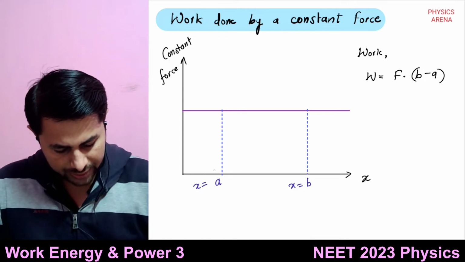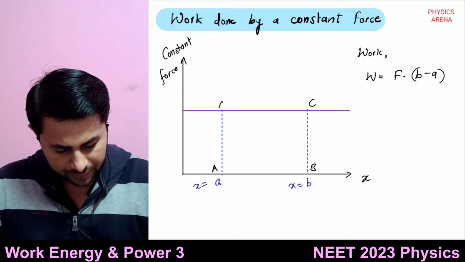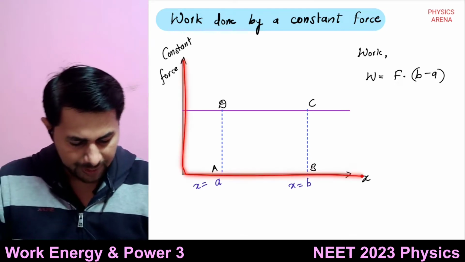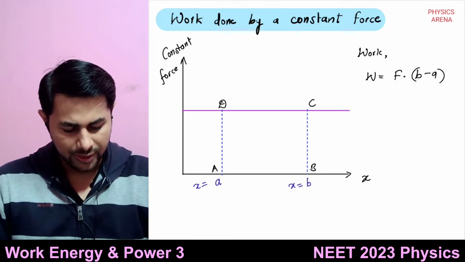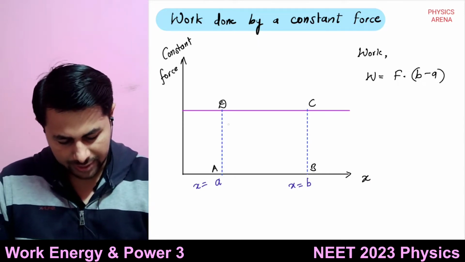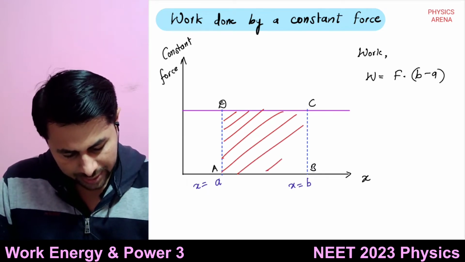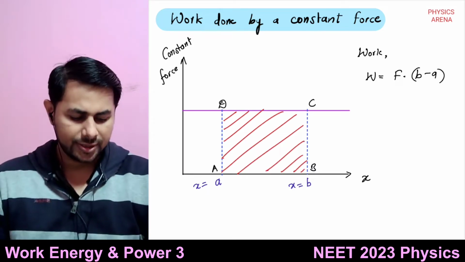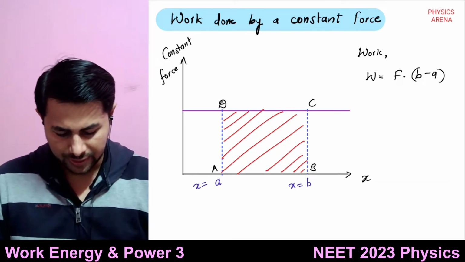If you consider this rectangle, let's call it ABCD, on this force versus position curve, it will be the area under this force versus displacement curve. This is very simple, right?